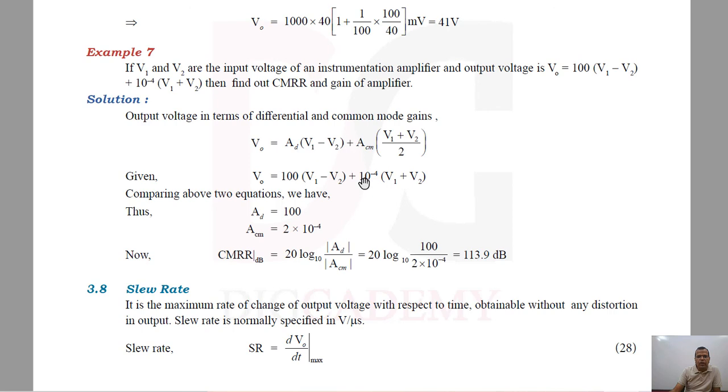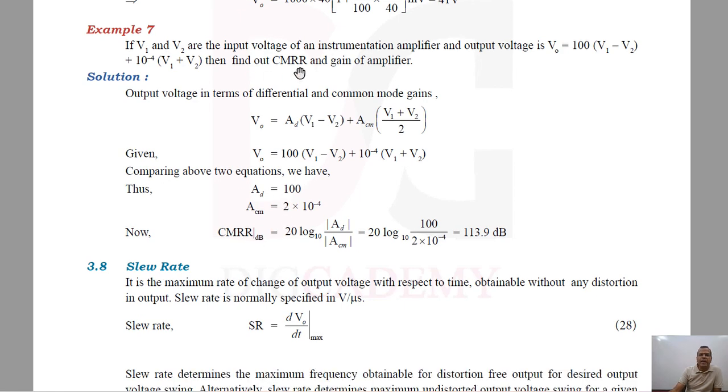By comparing these two equations, I have the differential mode gain as well. So we have obtained the differential mode gain and the common mode gain. And CMRR is what? We had to find the gain of the amplifier and the CMRR in decibels. That is not mentioned here, but we get CMRR in decibels.